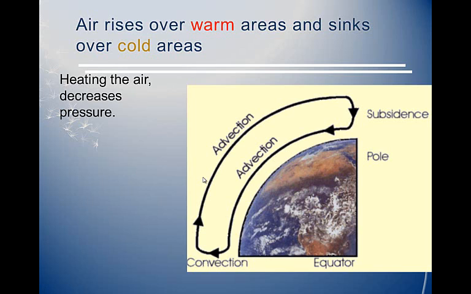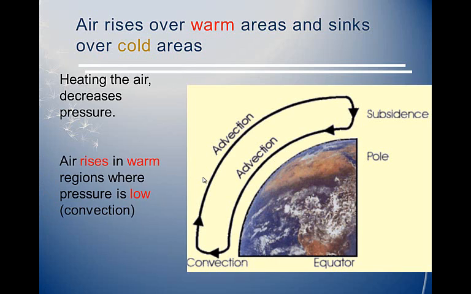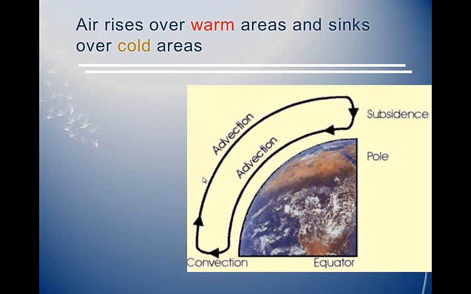Heating the air actually decreases pressure. So that means that the molecules are further apart in air that is hot. So the warm air will rise in warm regions where the pressure is low. Remember, that's convection. An example of that is the tropics.